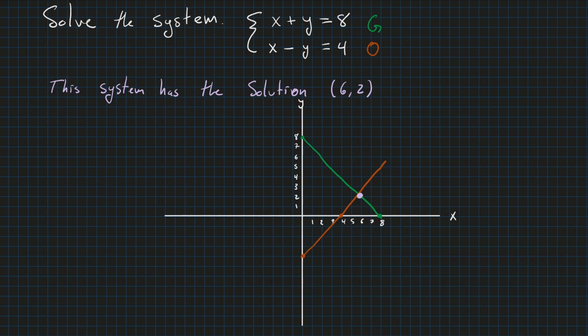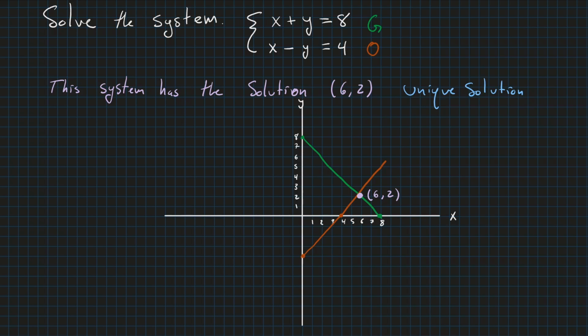I was a little close there, but looking at this, given my drawing abilities, this is our point (6, 2), the point of intersection. So when we solve this system, it has this unique solution.